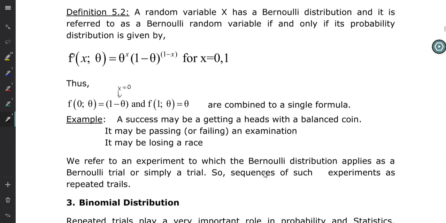If you define your success event as getting a head, then your failure event will be getting the tail. But if someone wants to define the success event to be getting a tail, then the failure event will be getting a head. Therefore, depending on the way you define the failure and the success, you can assign the probability theta or 1 minus theta for these two events.